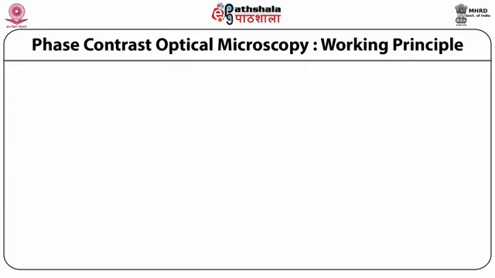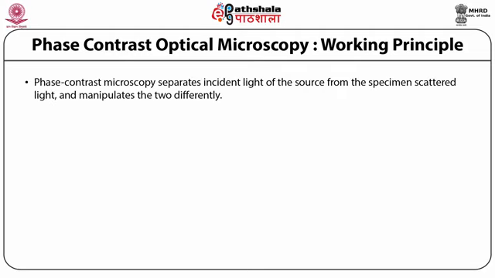Now, students, let us study the working principle of phase contrast optical microscopy. Phase contrast microscopy separates incident light of the source from the specimen scattered light and manipulates the two differently.